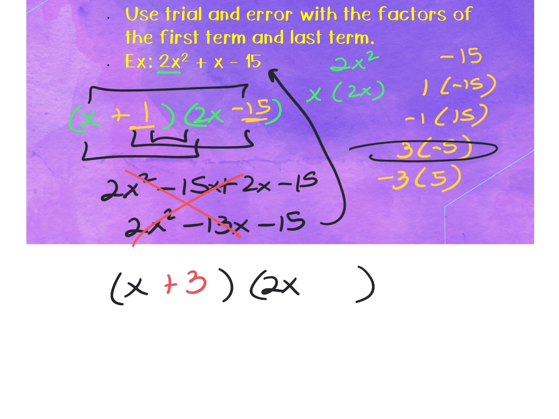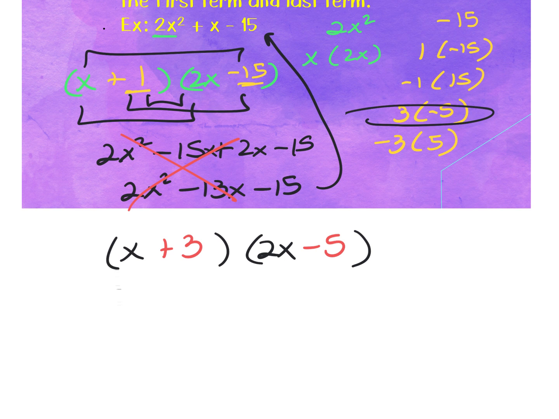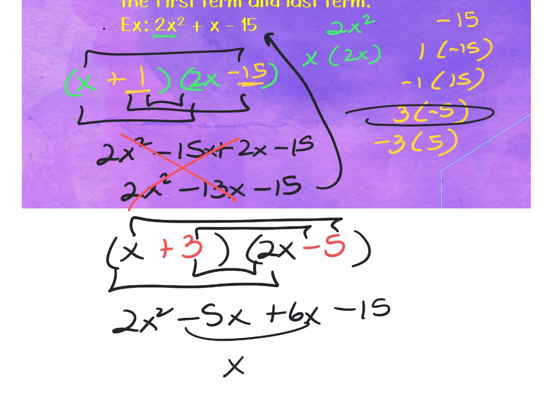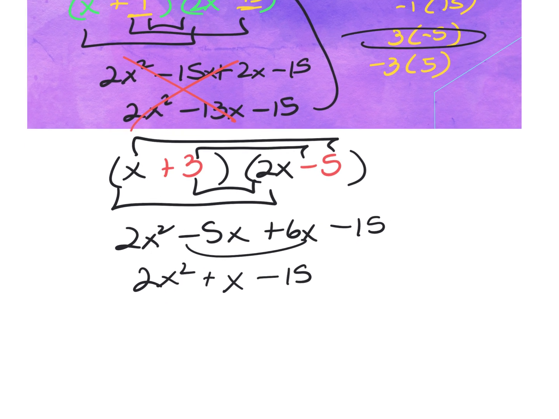So let's put the plus 3 here and the minus 5 there, and let's FOIL it. 2x squared, negative 5x, positive 6x, and then finally last. And notice when I add those, I do get the positive 1 that I was looking for. So that is my correct answer. My two factors are x plus 3 and 2x minus 5.